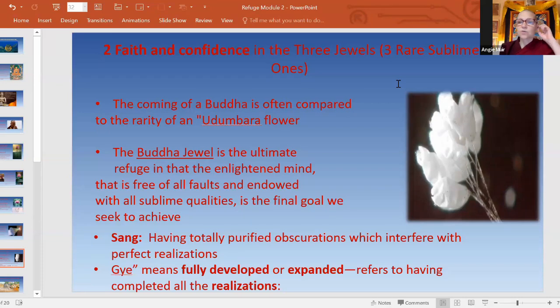So the Buddha is someone who has completely removed all those faults from the mind. Gross obscurations, and then there's a more subtle obscuration, which we remove at the higher level of practice, higher capable being, a type of self-cherishing, as I mentioned last week.